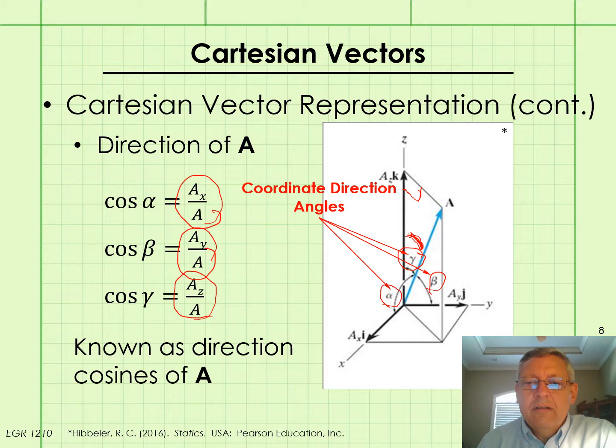So if you look at the triangle that contains that right angle, and given the position of gamma, the cosine of gamma is equal to this side, which is the magnitude of the z component of A, over the hypotenuse, which is just the magnitude of A.